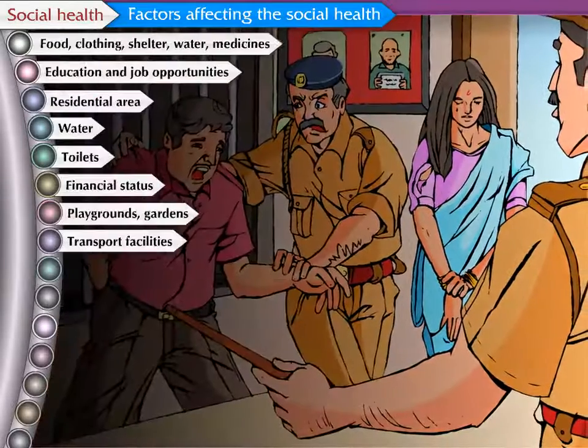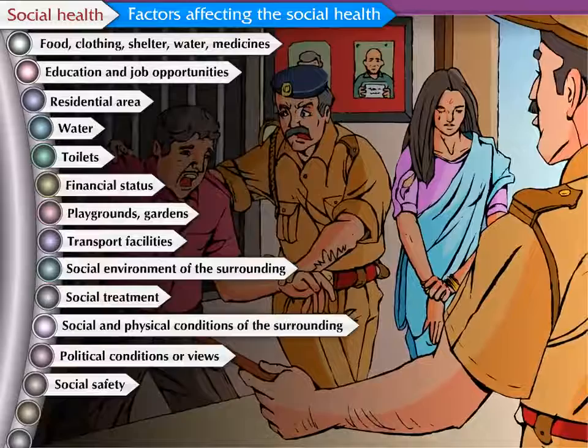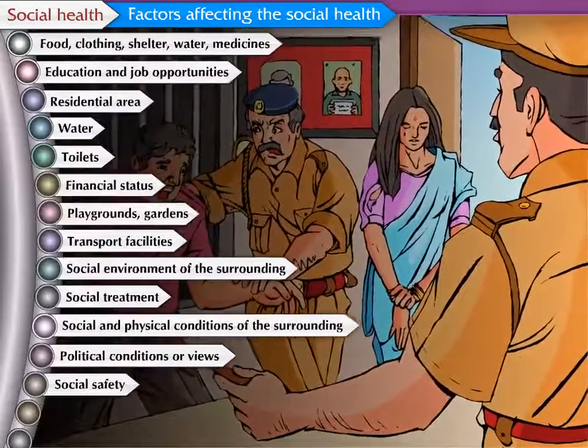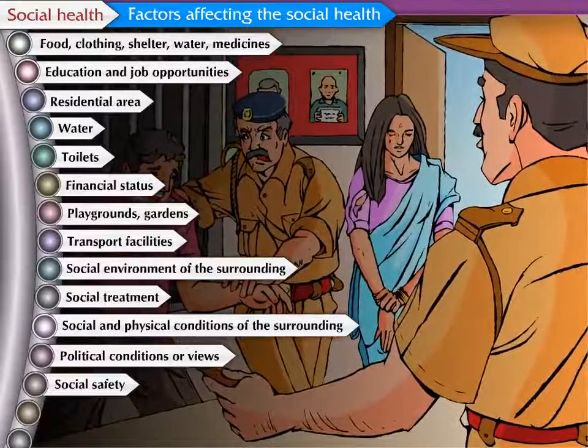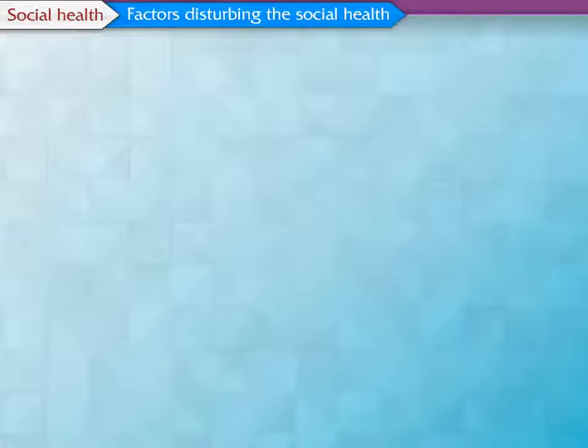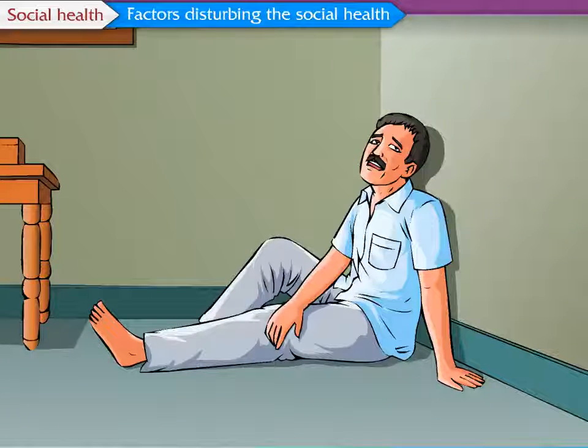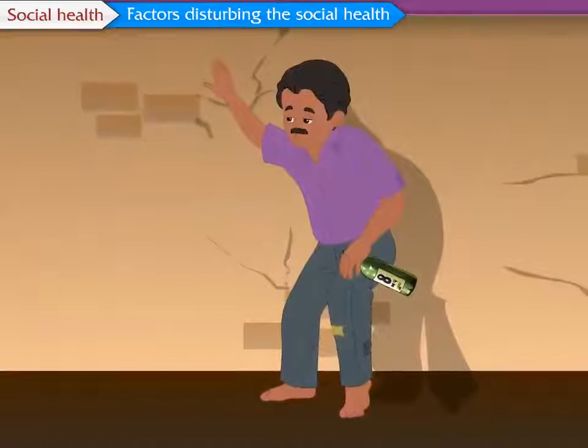Come, after doing a brief study about factors affecting the social health, let us now proceed to learn about which factors disturb the social health. Factors disturbing the social health. Various factors disturb the social health. Come, let us study about them one by one.